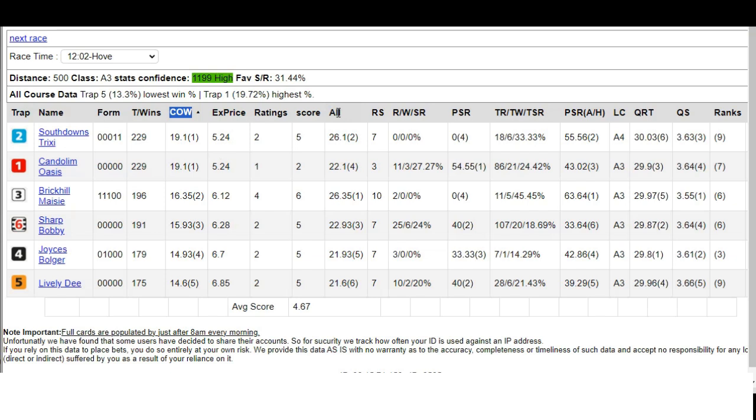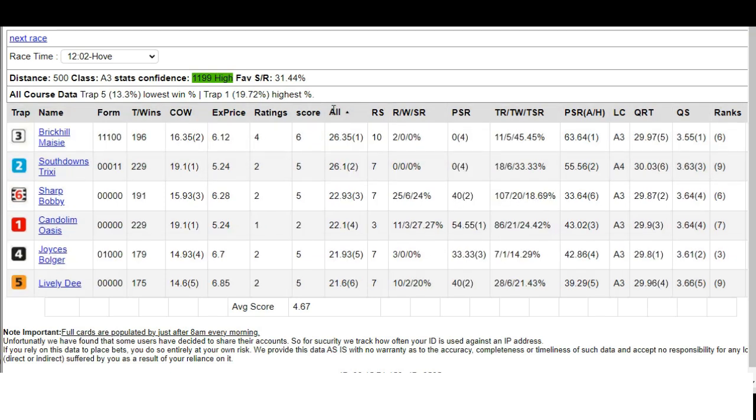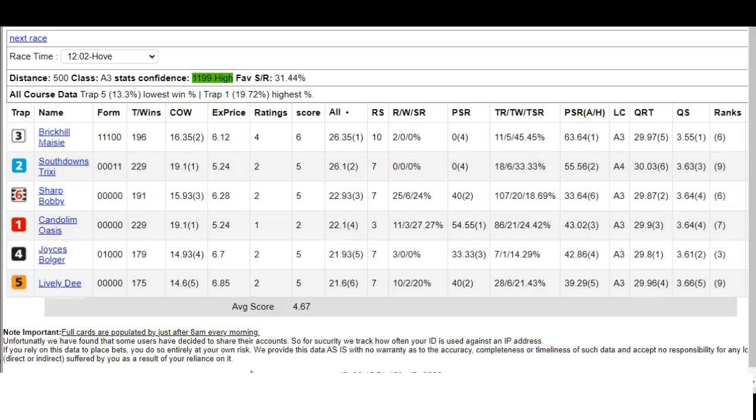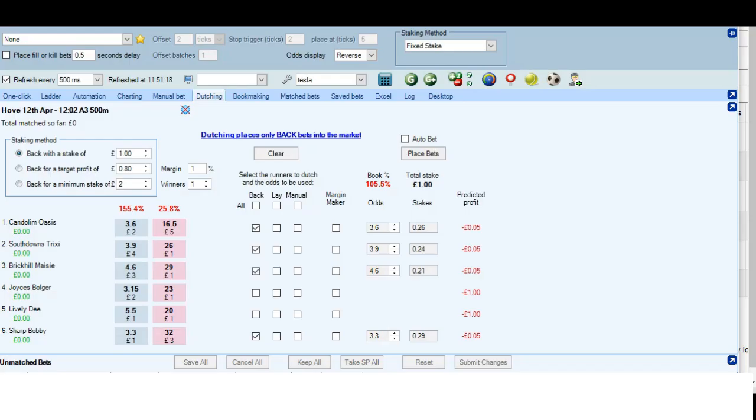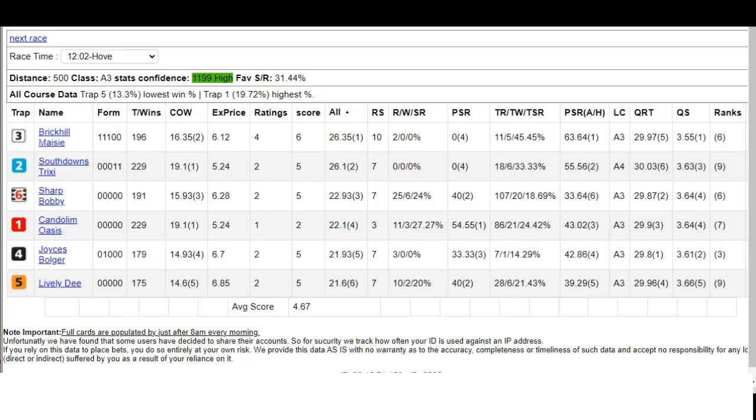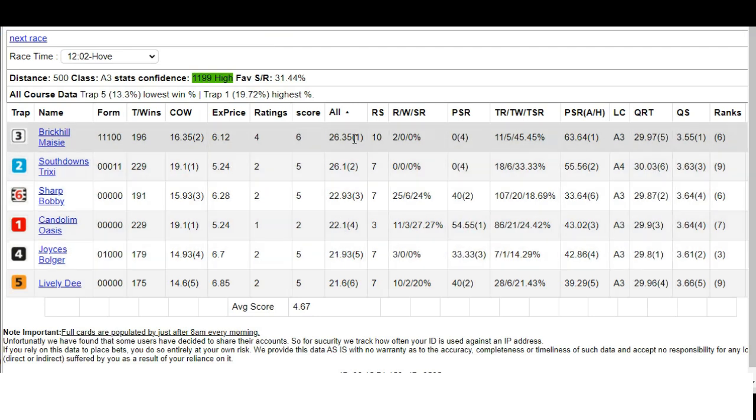Now other people use the rank, the all column and the rank numbers in here, so 1, 2, 3, 4. So you could argue that we could go that way instead, which is 3, 2, 6, 1, which I think is pretty similar to what we've got anyway. 3, 2, 6, 1. So it's the same. So that's an actual good thing, that they both are selecting the same runner.